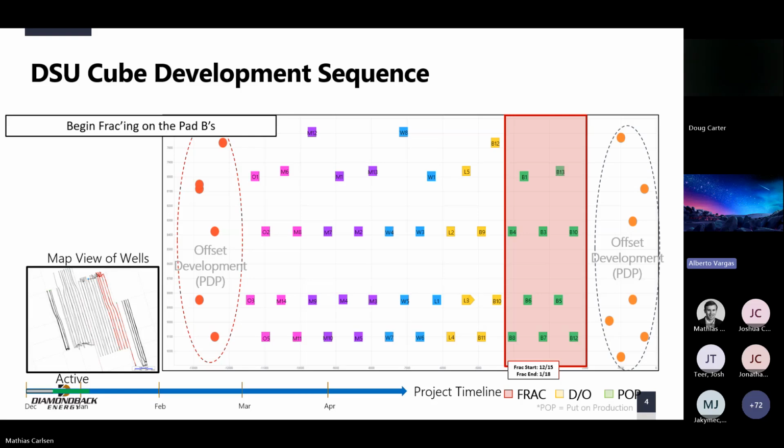The wells inside the red box are under fracturing. The map view on the lower left shows the similar colors. The map view and the bottom activity timeline help us look at our chaos. We carefully orchestrated this sequence.